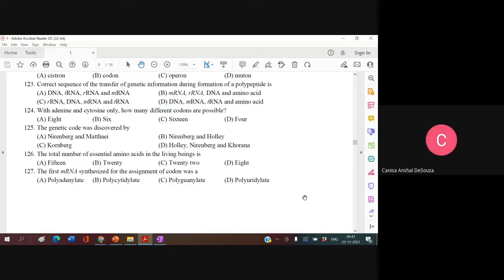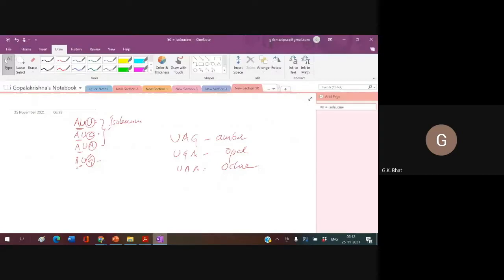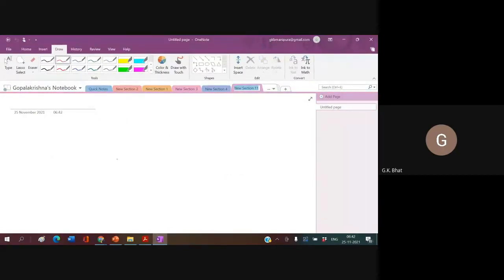Because in adenine 4 codons are possible and cytosine 4. So 4 plus 4, 8. In adenine, you said 4 codons are possible. What are they? Come on, Kanisa.